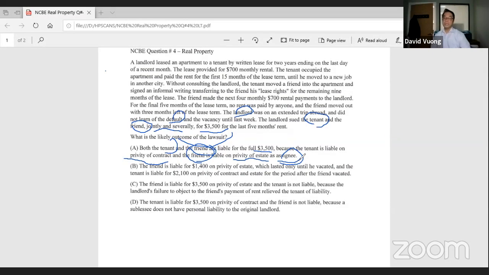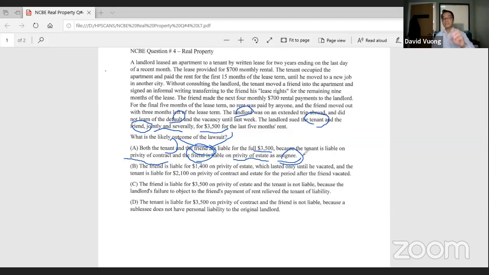Okay. Now here's the rule, B. If you have 3 years left and you assign less than 3 years, then you're still liable. If a tenant has 3 years left and assigned it to his friend for 2 years, then the tenant's still liable. But if the tenant assigned all 3 years to the friend, then the tenant is not liable.